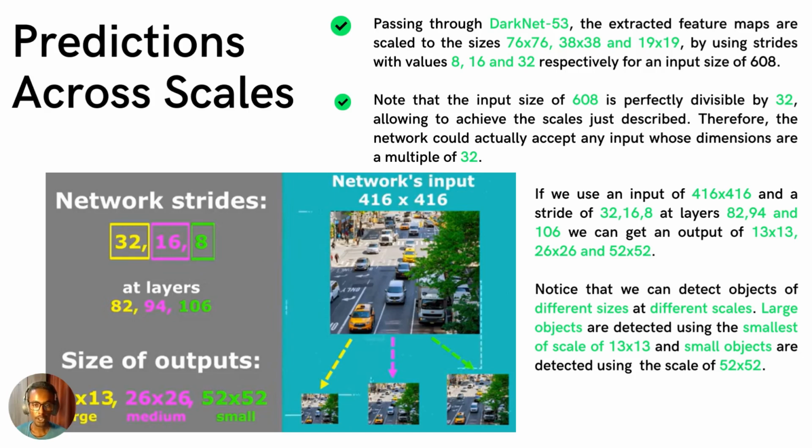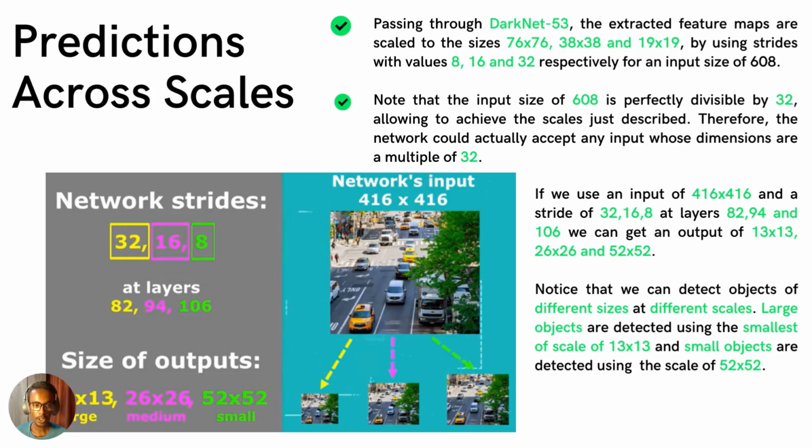So, as I mentioned previously, large objects are detected using a small spatial dimension, and small objects are detected using the 52 by 52.